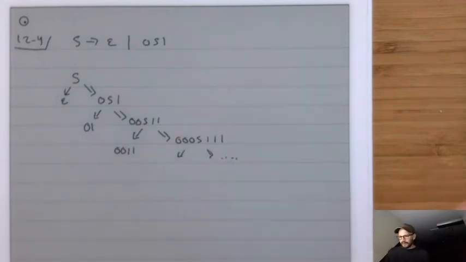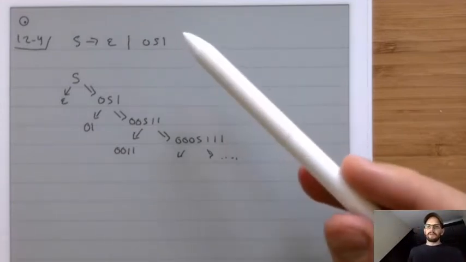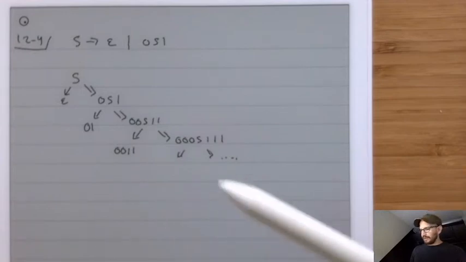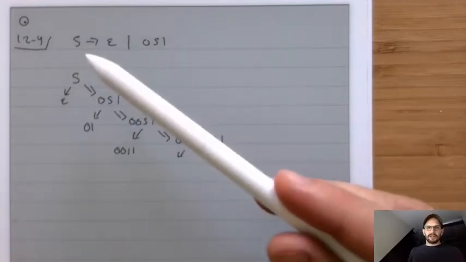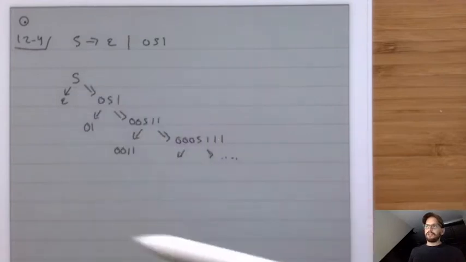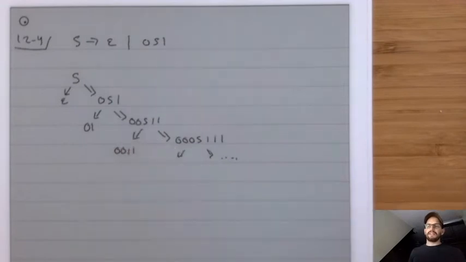So the question is, when is a string inside of this context-free grammar? Well, it's in the context-free grammar if it is one of the leaves of this tree. So this context-free grammar generates this infinite tree, and something is inside the language if it is one of the leaves.